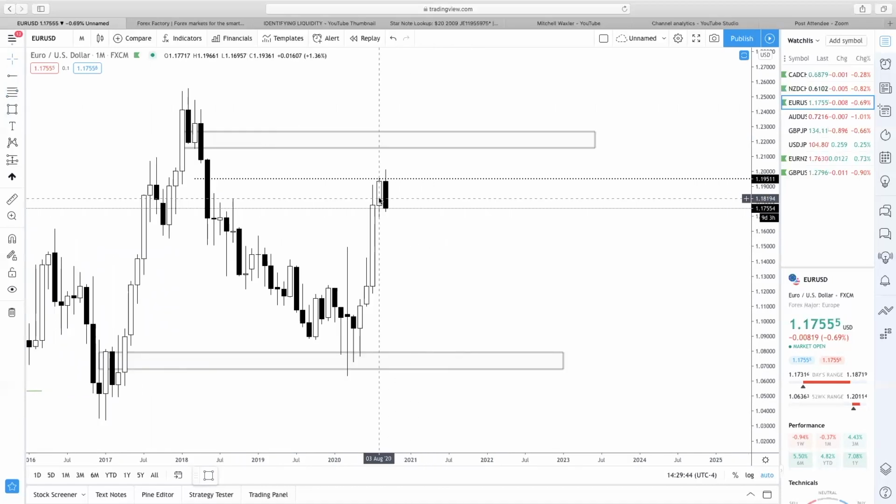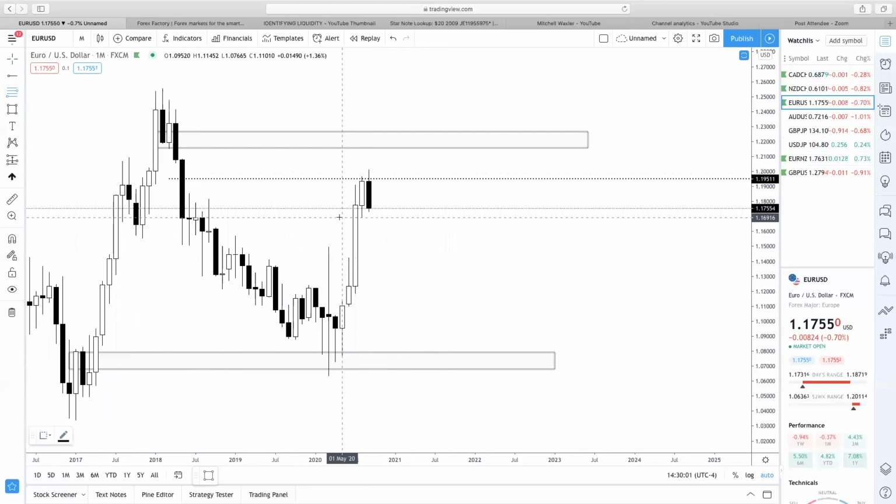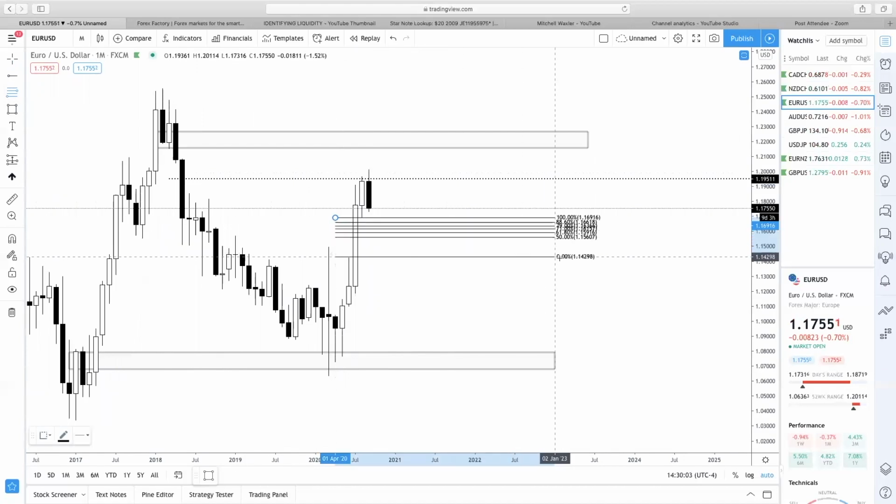So expecting this to now retrace a little bit before it continues up and hits our first target, and then ultimately taking out the highs, we are now experiencing a reversal because the market came to at least 50% of that imbalance, and now it's reversing. And we also have imbalance to the downside as well.